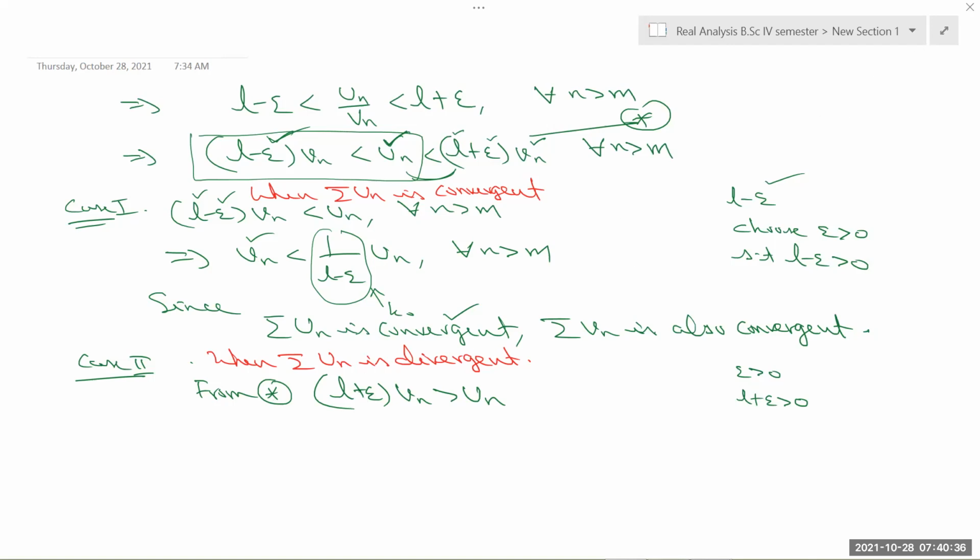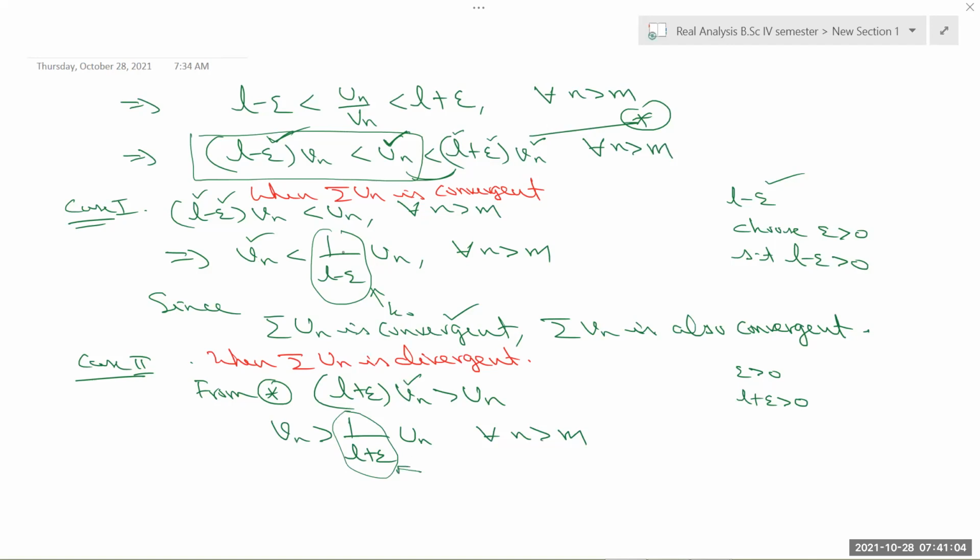So again, you can see that each of the members of the series Vn is greater than Un, or I can interpret it in this format: Vn is greater than 1 by L plus epsilon times Un for every n greater than m. So one can call this one say k naught or whatever notation you are using.